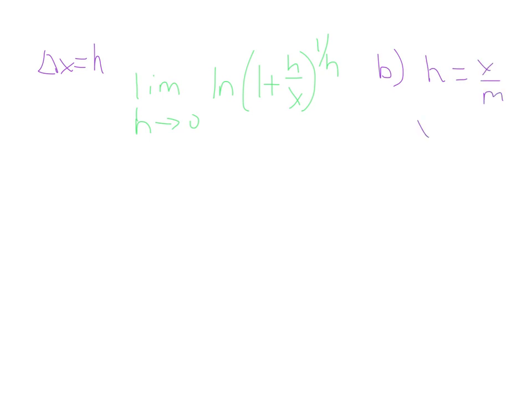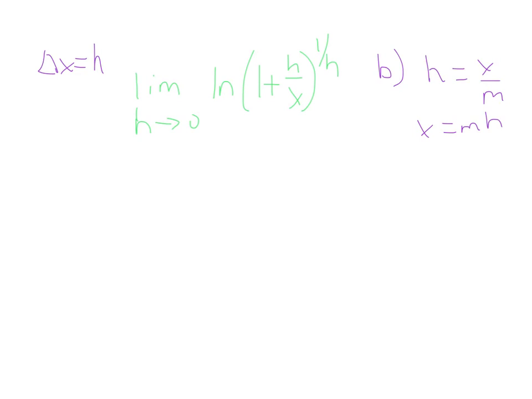So if we rearrange that equation a little bit, we can solve for x, and that would be equal to mh. And I think that's the only thing that we need to solve for there.